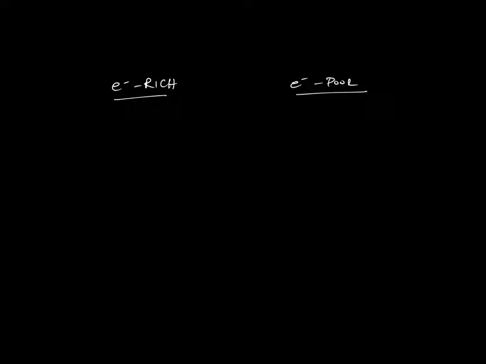An electron-rich thing could be a base, like OH minus. It could be a nucleophile, like OH minus. Or it could be an alkene, because an alkene has those pi bond electrons right here that can be shared. It's got extra electrons that it can share.